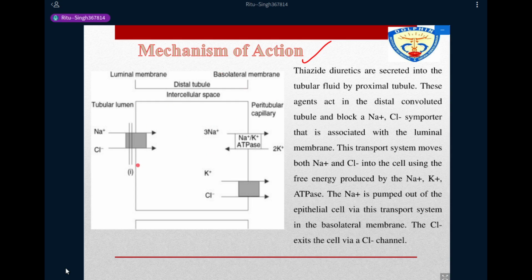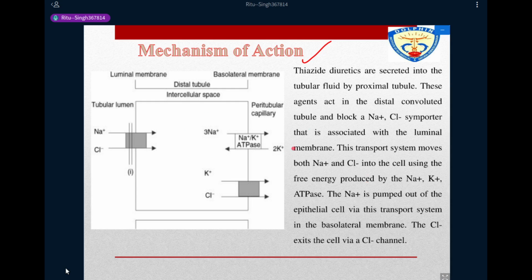For the mechanism of action of the thiazide diuretic, these drugs are transported with the help of a symporter. In a symporter, two or three ions move in the same direction through the cell membrane.